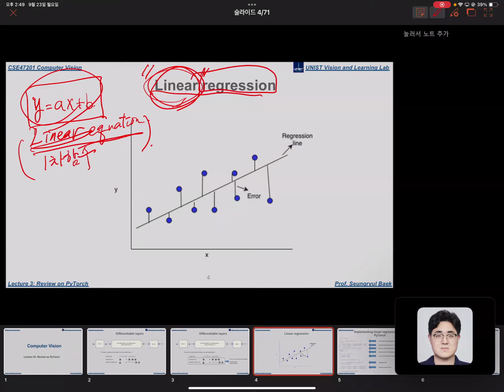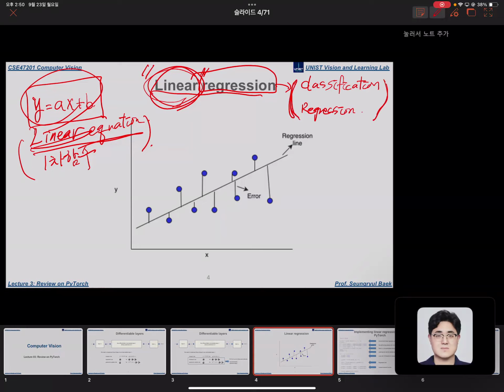And regression is one branch of machine learning algorithms. So there are classification and regression. Actually, machine learning algorithms are classified mostly into these two classes.